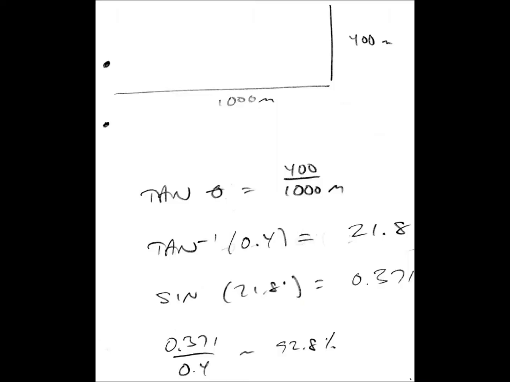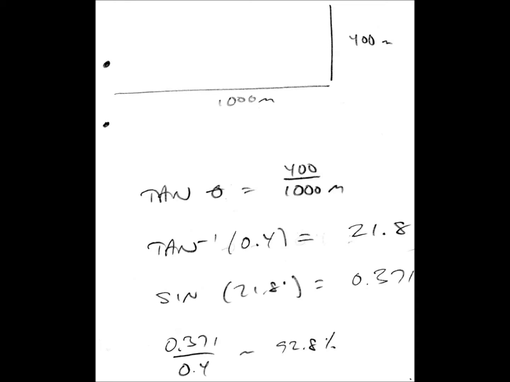So the first thing I decided to do was determine, can I use the small angle approximation or not? So the tan of angle theta would be 400 over 1,000 meters, and the inverse tan of that gives me an angle of 21.8 degrees. I then took the sine of that angle, and I got a value of 0.371.